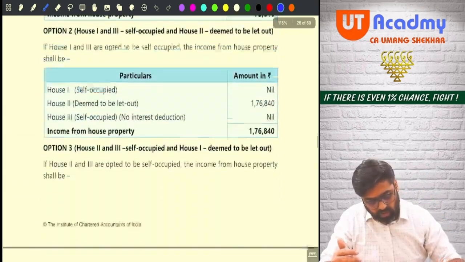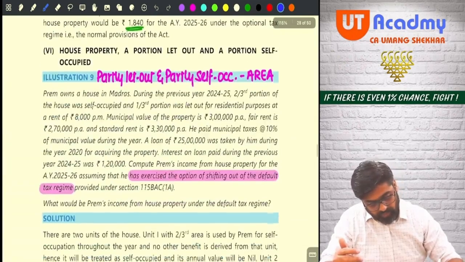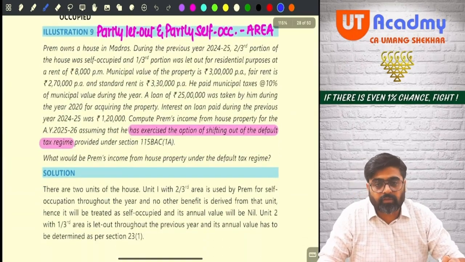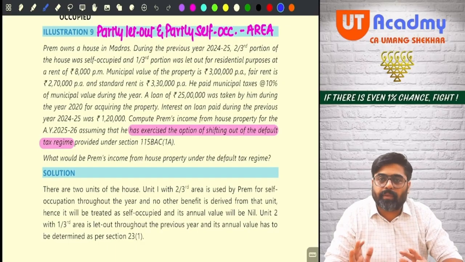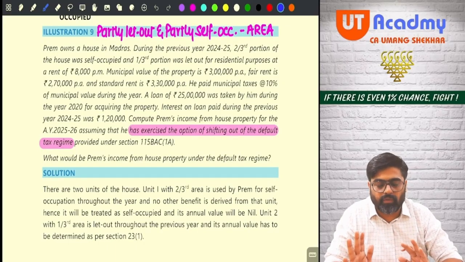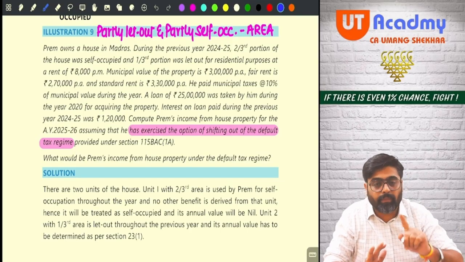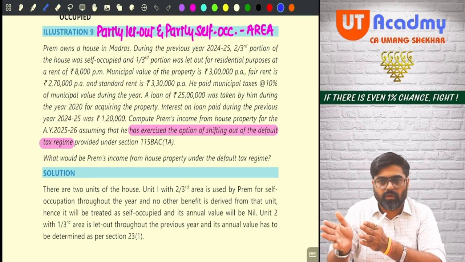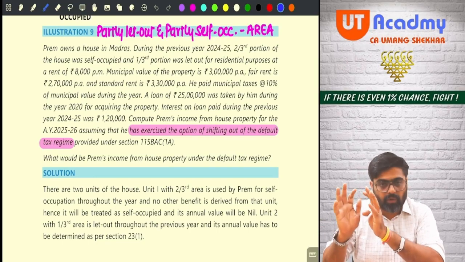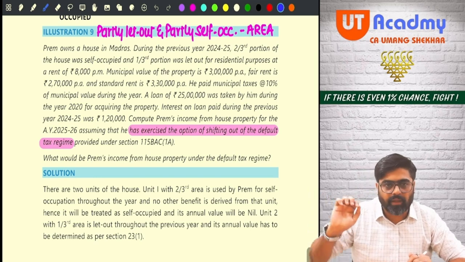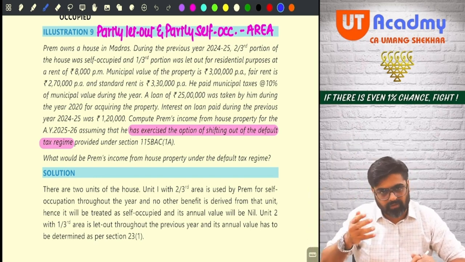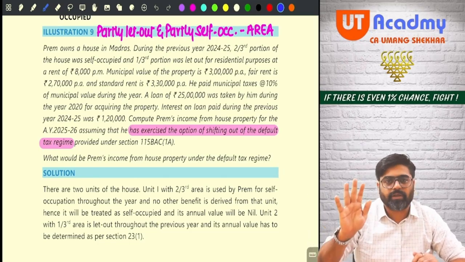Now come to question number 9. This is a question which says that a property is partly let out and partly self-occupied. Yesterday I told you that whenever a property is partly let out and partly self-occupied based on area, the area which is let out, we will consider that part as a separate property. We will calculate the annual value as if that part is a let out property only, and we will charge tax on that.